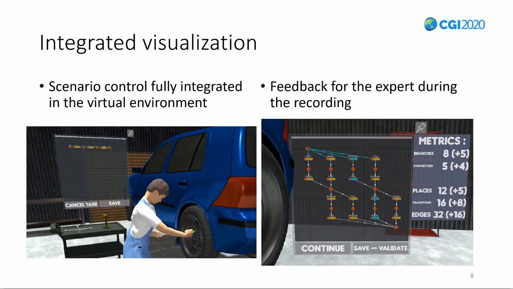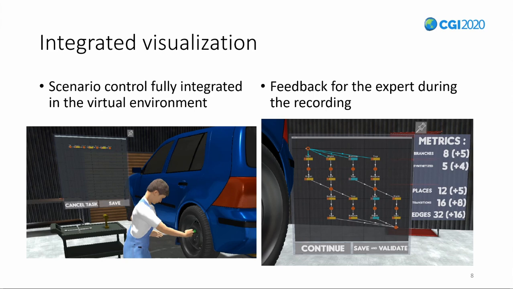On the right figure, you can see that the number of branches, corresponding to the number of possible variations, is displayed. It's the top number on the matrix. And the number of branches that are generated by the process mining algorithm, so the new variations that are not observed, are also indicated both with the number, the second number on the matrix, and also with the blue color on the graph.